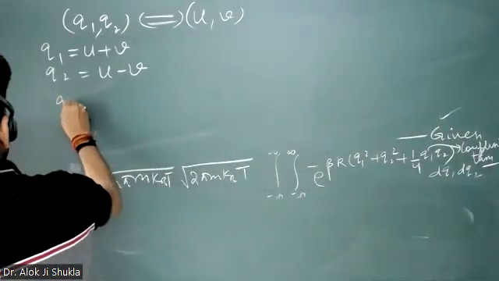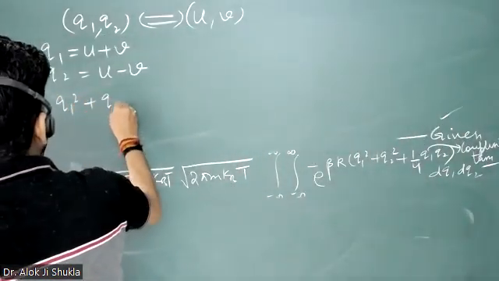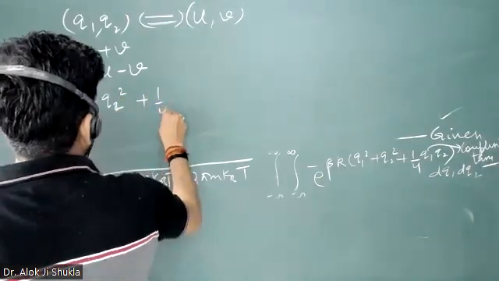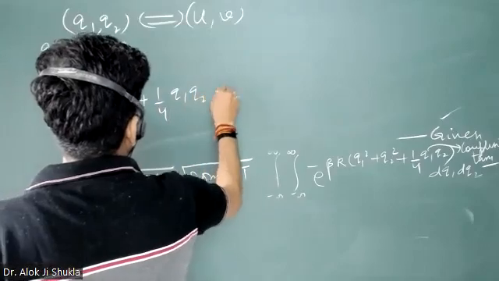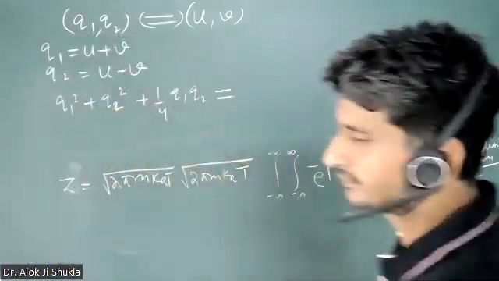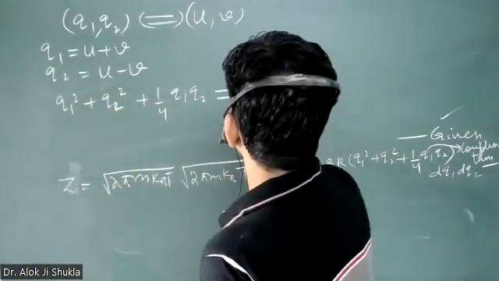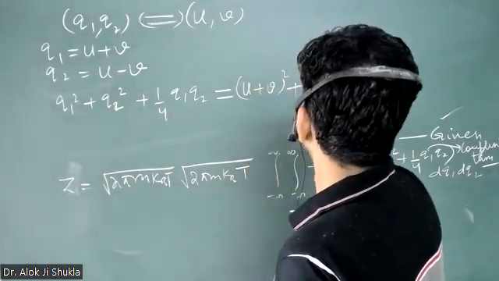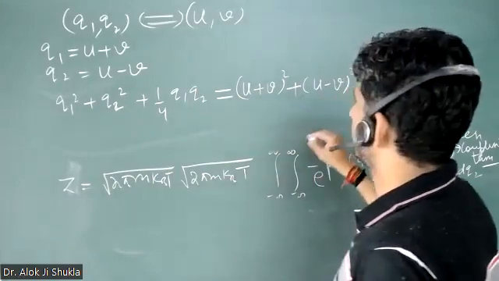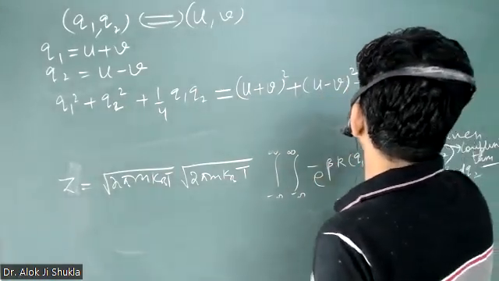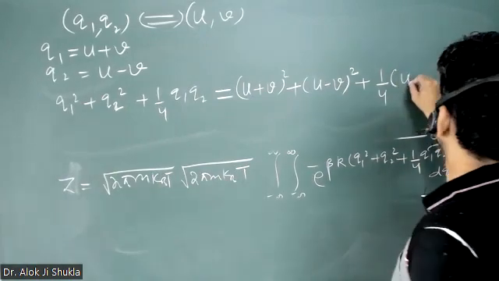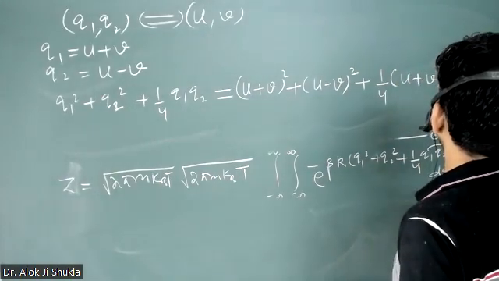Q1 square plus Q2 square plus 1 by 4 Q1 Q2. Check. It will become (u plus v) square plus (u minus v) square plus 1 by 4 (u plus v)(u minus v).